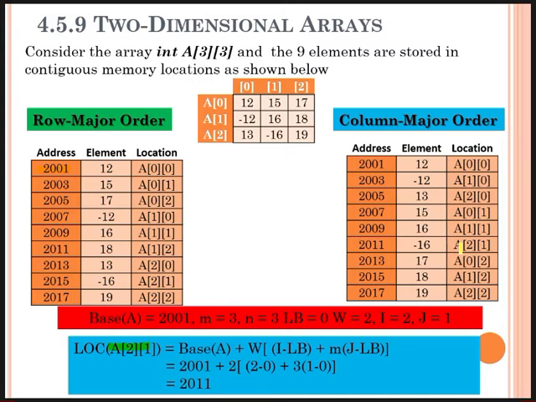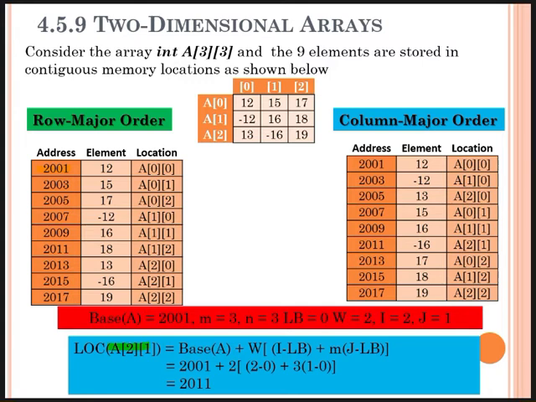Now if you see A of 2 1, the address is 2011. Now for row major it becomes 2015, and in case of column major it becomes 2011. So it differs.